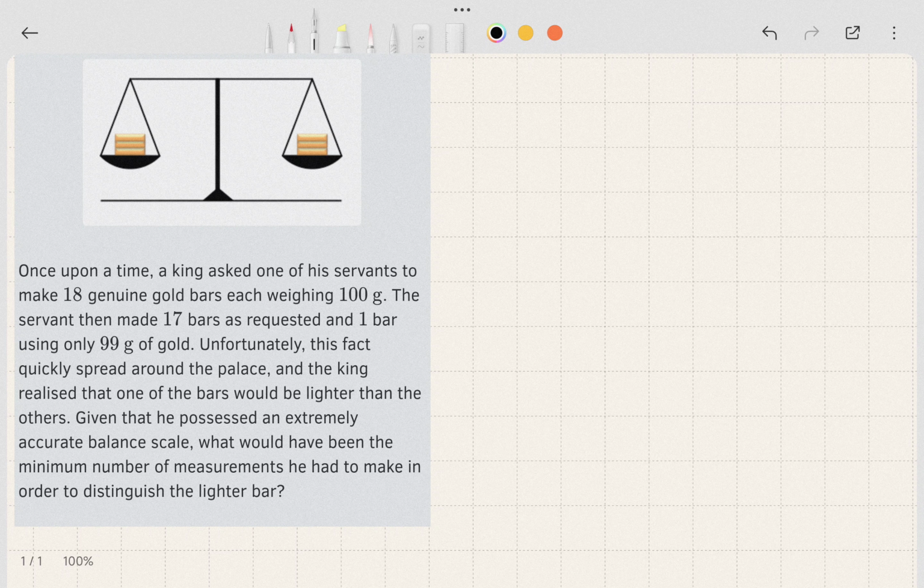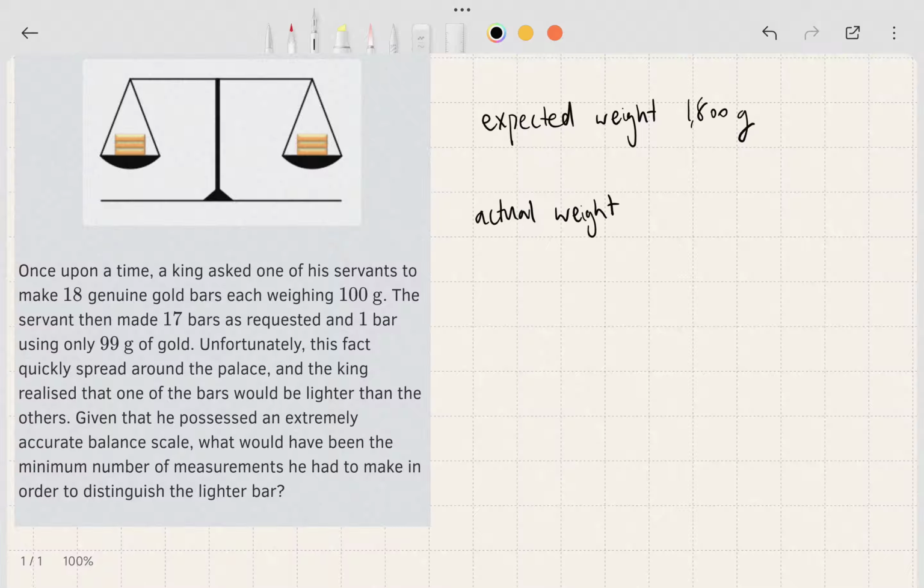So we know that the expected weight is 1800 grams, and the actual weight is going to be 1700 plus 99 grams of gold, which is 1799 grams.